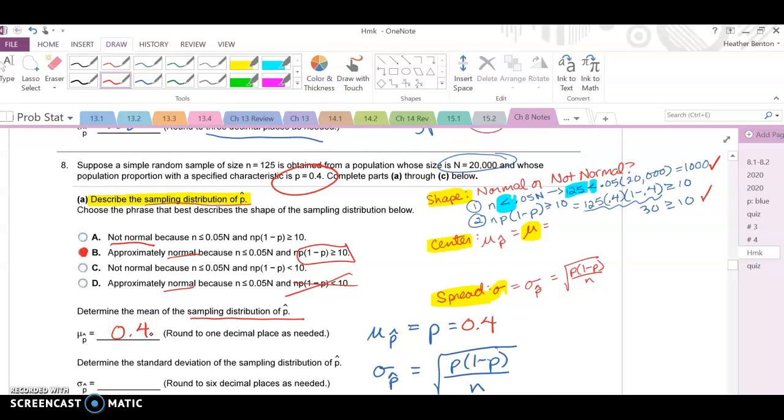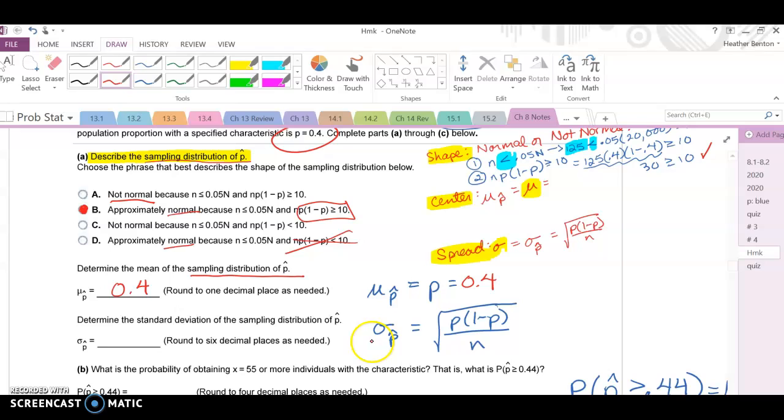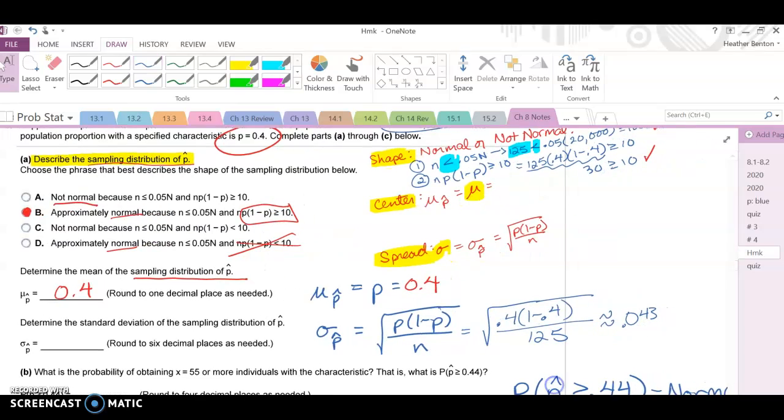And then our standard deviation of p hat, we're going to plug this in, is the square root of 0.4 times 1 minus 0.4 all over our n, which is 125. And so that comes out in my calculator to be 0.043817.